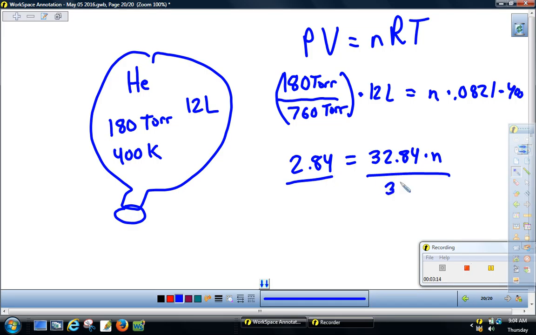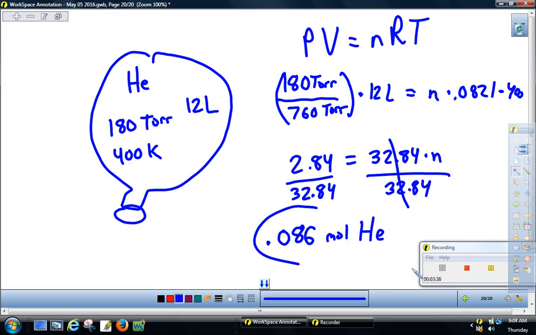Divide both sides by 32.84. So 2.84 divided by 32.84 gives about 0.086 moles of helium gas inside that balloon.